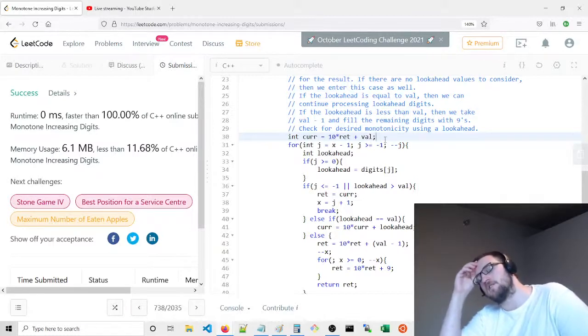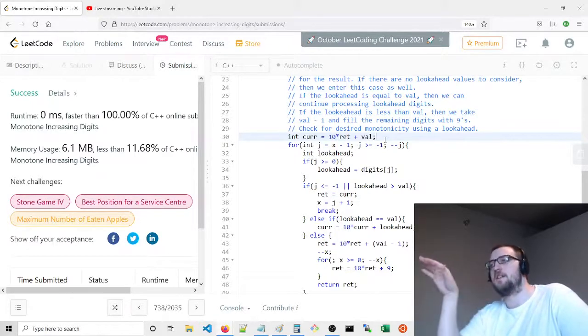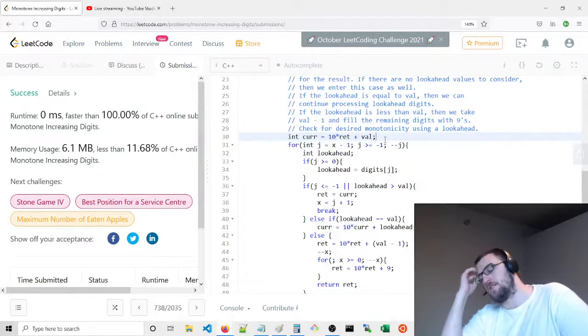If it is, then you can take that digit. If it's not, then you take one less than that digit and fill the rest with 9s, and then you're done.